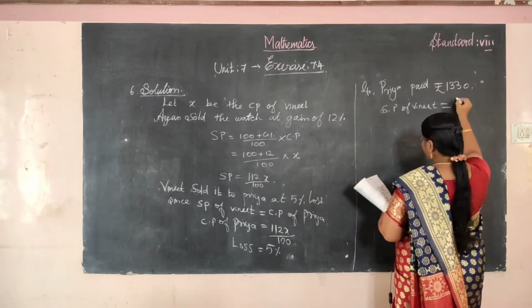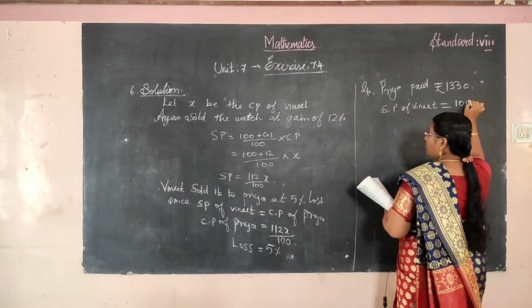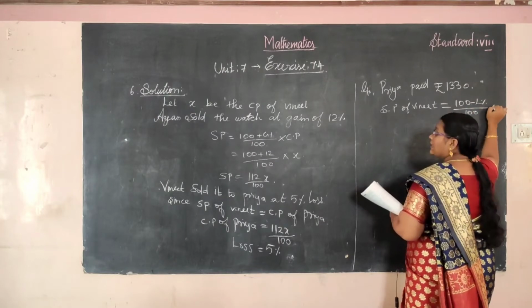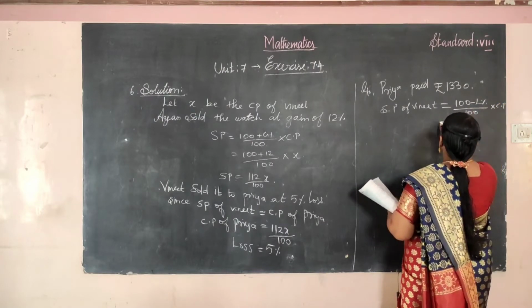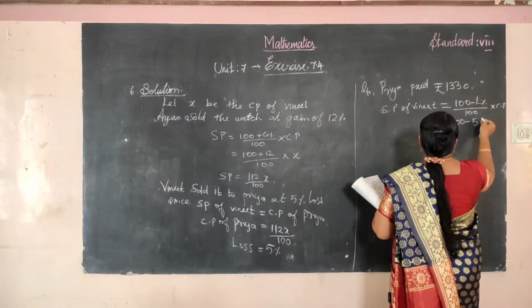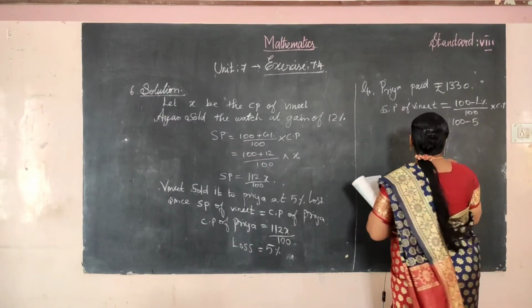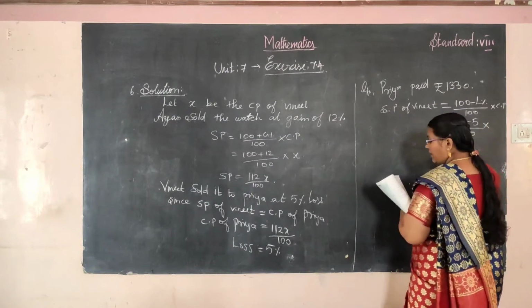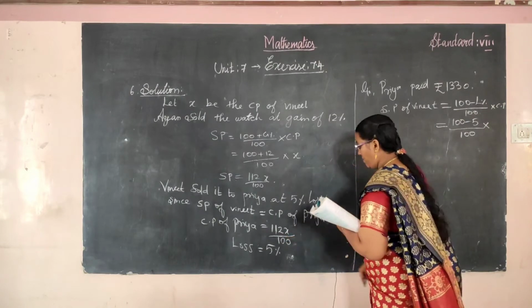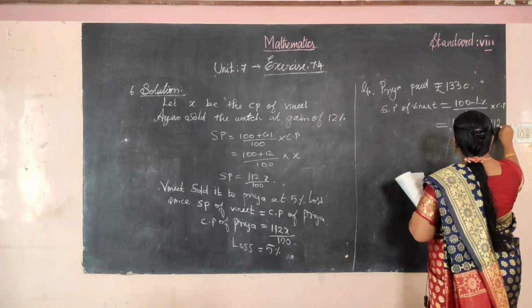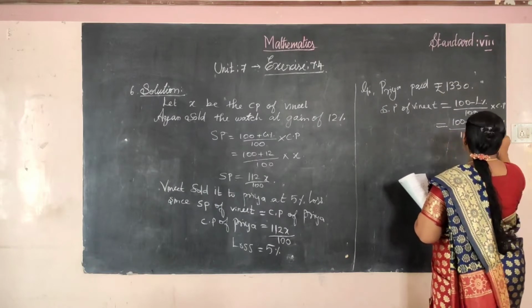So the selling price of Vinit is equal to, with a loss, the formula is (100 minus loss percentage) by 100 into CP. So 100 minus 5, because the loss percentage here is 5, by 100 into the cost price of Priya, which is 112x by 100.